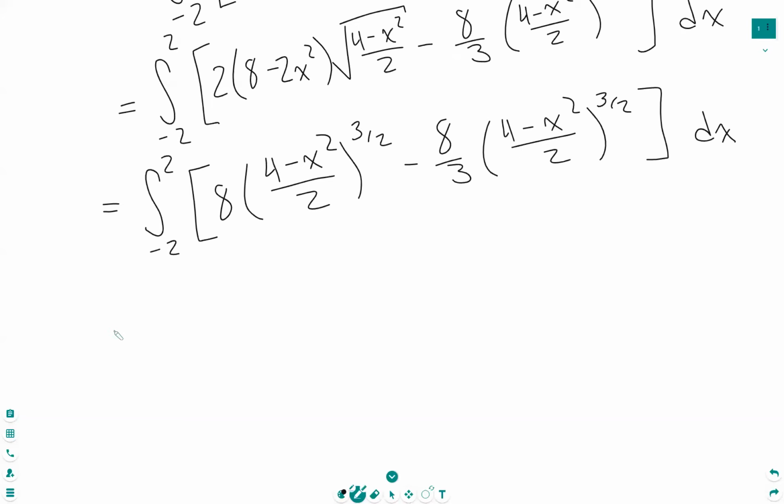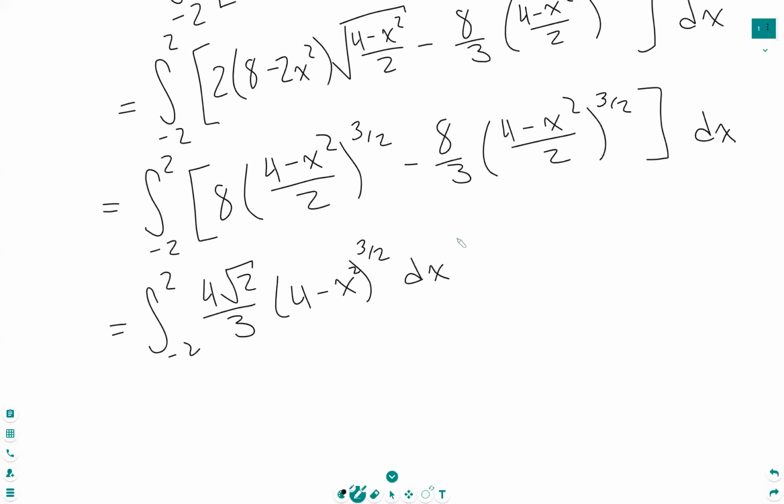So this is the integral from -2 to 2 of 4 root 2 over 3 times 4 minus x squared to the 3/2 power dx. So I pulled out the 1 over 2 from both of these terms, and now I just have some constant value out in front, and then I have this 4 minus x squared to the 3/2 power.